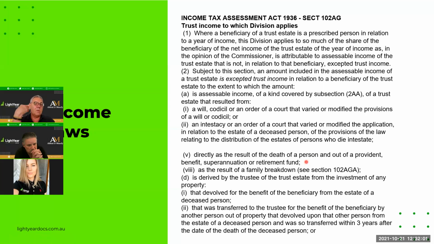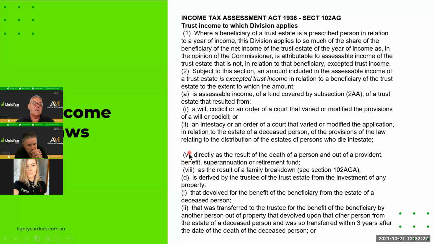So that means that when money's come from these funds, whether industry, retail, or SMSF, we can build our own trust. And then if there's minors there, then it's accepted trust income. But notice here, the catalytic event is actually the superannuation or retirement fund, not the will itself. So this sits out, and it's a huge difference.